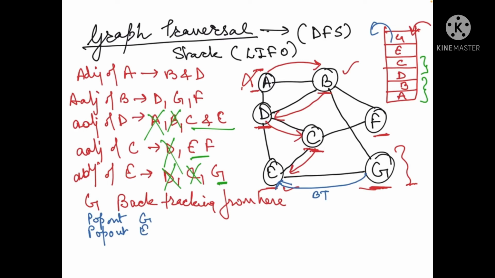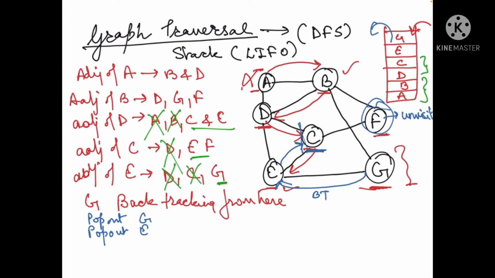If you backtrack, you will reach C. So again you are going to pop out the same thing. Now check C. When you reach C over here, there is one unvisited node. So F will be pushed.